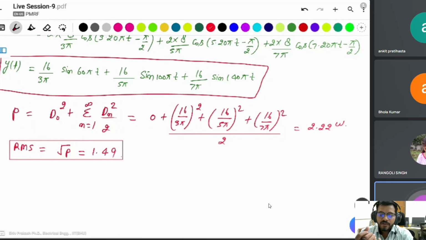This is the polar form representation of the Fourier series, but there is a drawback of this polar form. It means there is no negative frequency in this system.